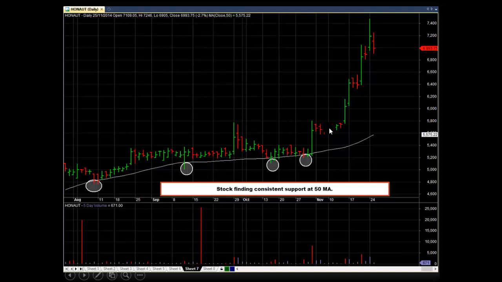It went sideways for 2 weeks or so, and then finally broke out to a new high. Thus you can see how this stock found consistent support at its 50-day moving average.